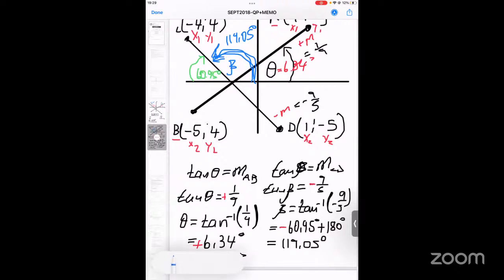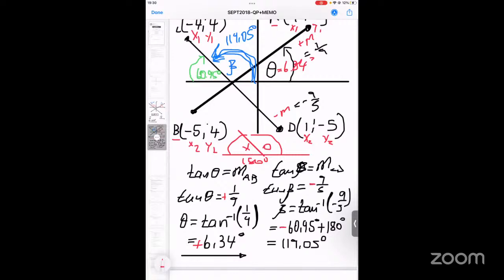Why 180? The reason for 180 is because you remember we said angles on a straight line. That angle and that angle, when you take this angle and you add it to that angle, they must give you 180 degrees. The sum of angles on a straight line equals 180 degrees.